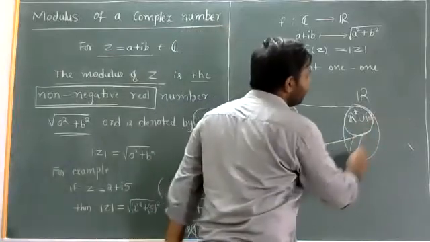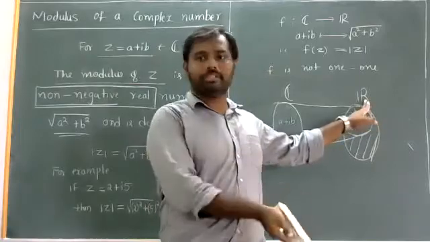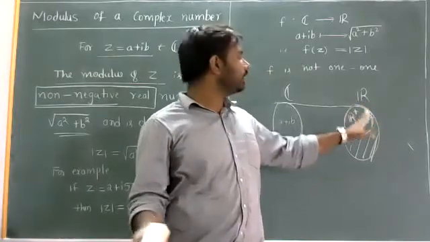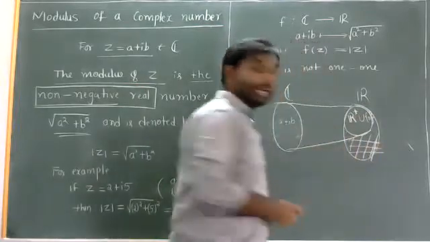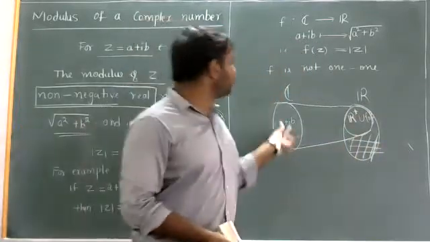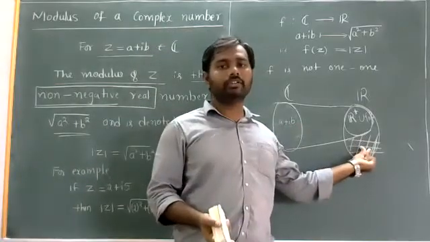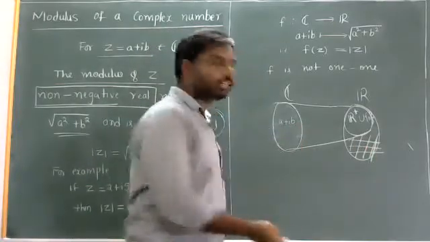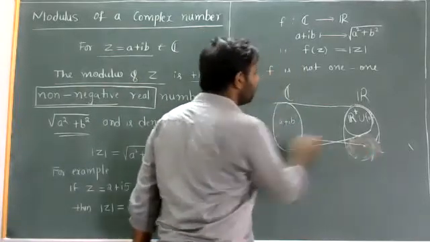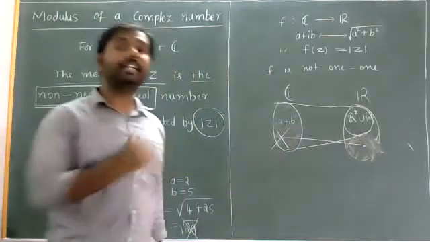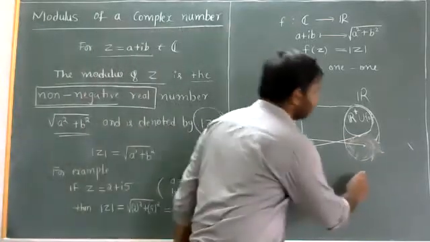Now R has positive real numbers, negative real numbers, and 0 also. If you consider any negative real number, you cannot get it as the modulus of any complex number. In other words, for a negative real number there is no pre-image.